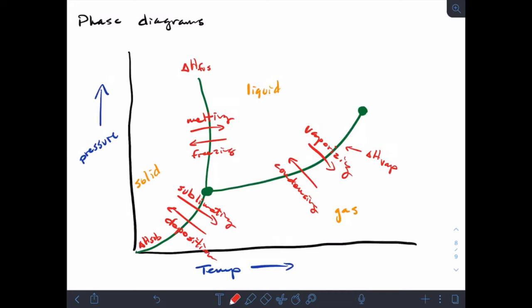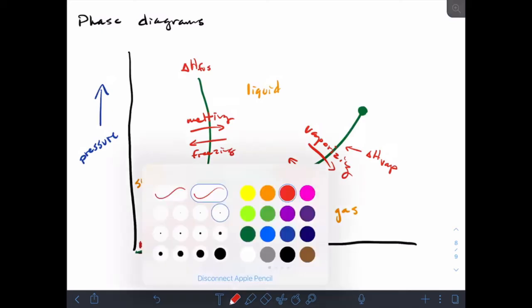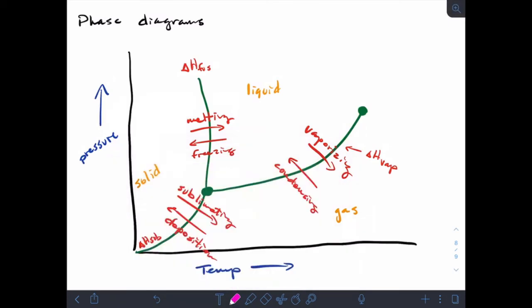Okay, so say for example, I have a solid that is at a particular temperature and pressure. Let's go with the fuchsia, right? So let's say I have a solid that is at relatively high pressure but relatively low temperature. Let's say it's sitting right here, okay, as far as pressure versus temperature.